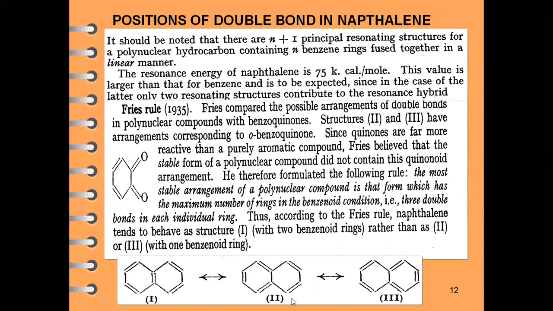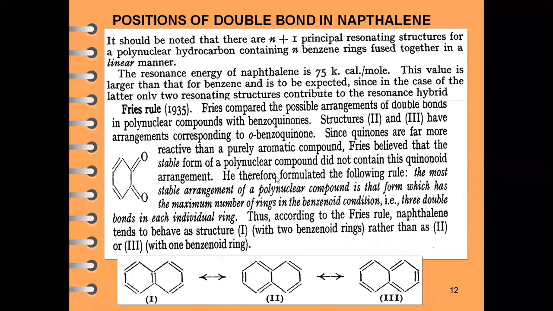Now, if we consider ring number 2 as the stable benzene ring, then these two carbon atoms are going to resemble the structure of benzophenone. That's why, as benzophenone is more reactive, these two structures also have more reactivity like that of benzophenone.